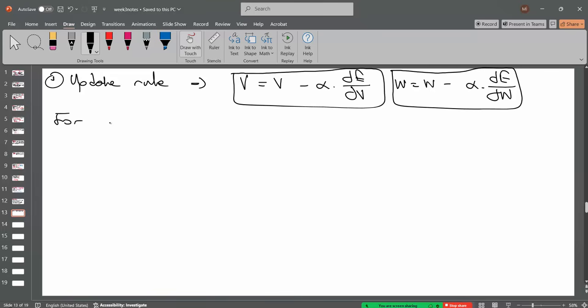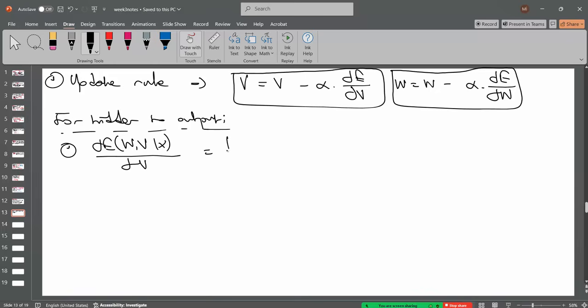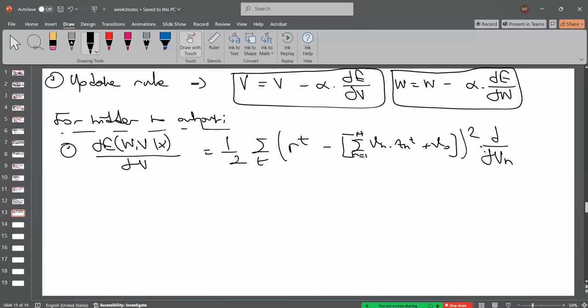And so for the hidden to output layers, we have the partial derivative of E for a given x. The cost function is the summation of r^t minus, this is the output neuron, y^t, which is equal to the sum over the total number of hidden neurons of v_h times z_h^t plus v_0, squared, with the partial derivative with respect to v_h.